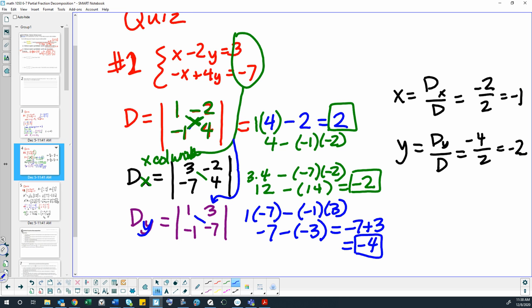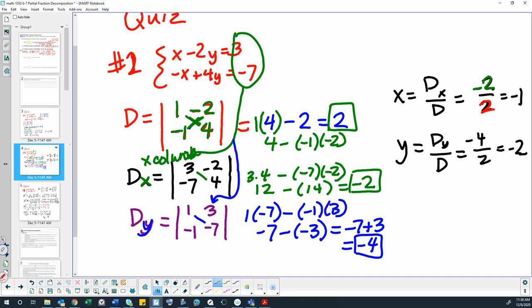Okay, now that we have those 3 determinants, divide them. So to find x, we take determinant x, which was a -2, and we divide by determinant d, which was 2. And -2 divided by +2 is -1.